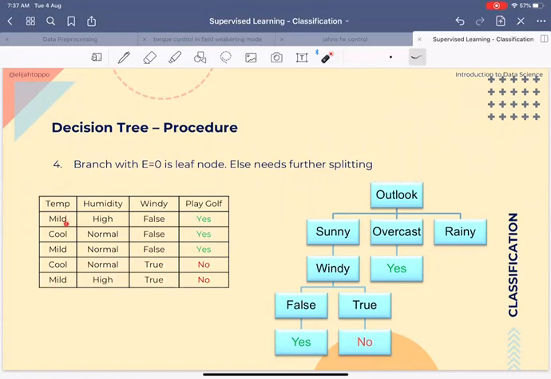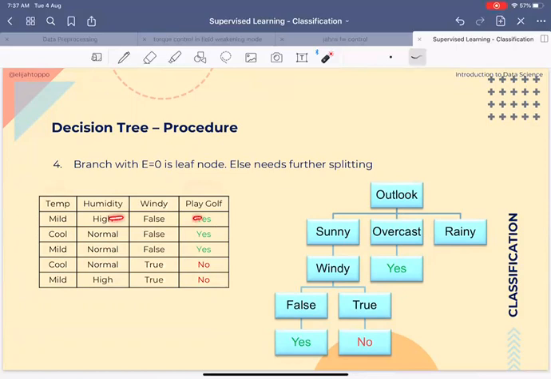For mild you have yes, yes, and no. For cool you have yes and no. So we can be sure that if you evaluate the entropy of temperature with respect to playing golf, the information gain will not be very high, because we don't have a clear-cut answer after looking at mild or cool whether you want to play golf or not. If you look at humidity, we'll see the same structure.